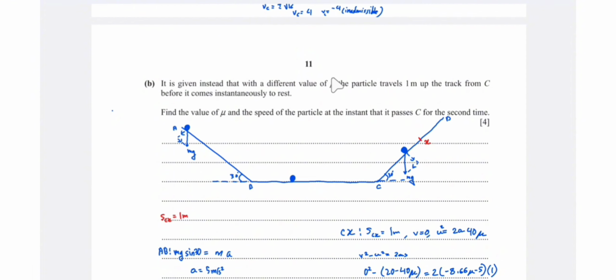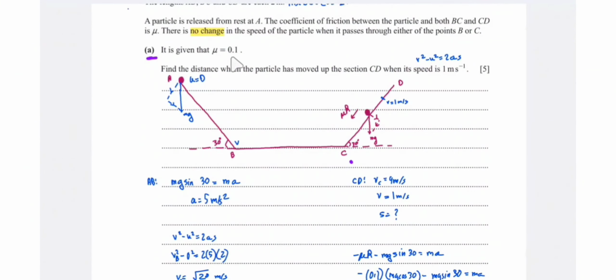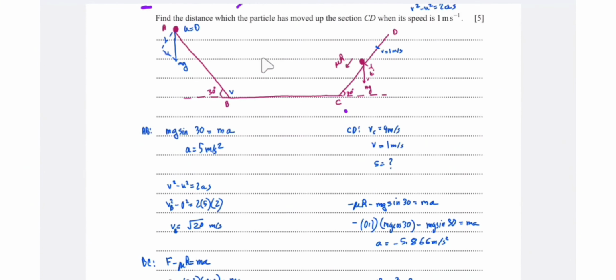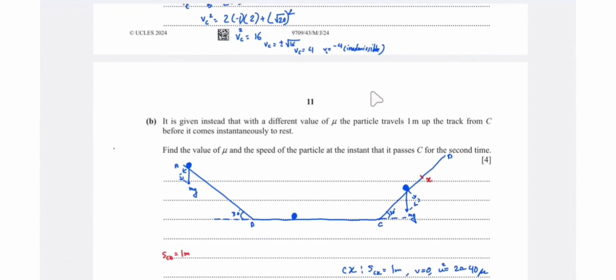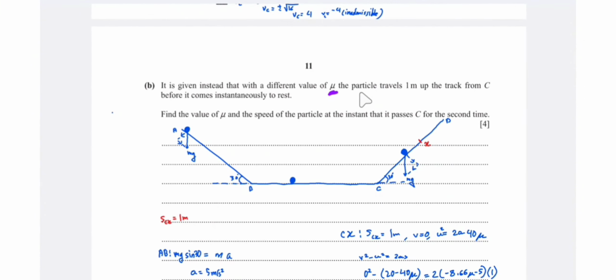So the value of mu is not the same as given here; it is not now 0.1. The value of mu has changed, and for this changed value of mu, the particle travels 1 meter up the track from C.